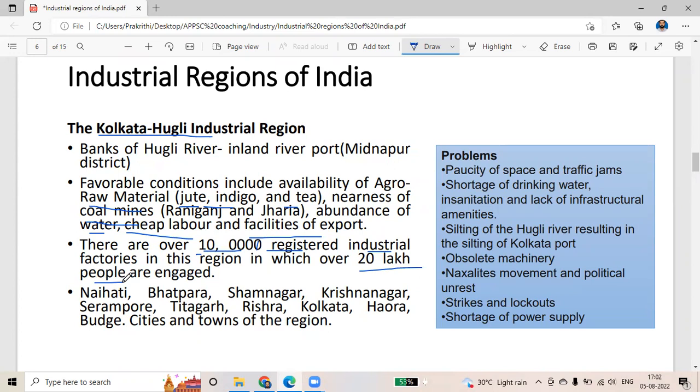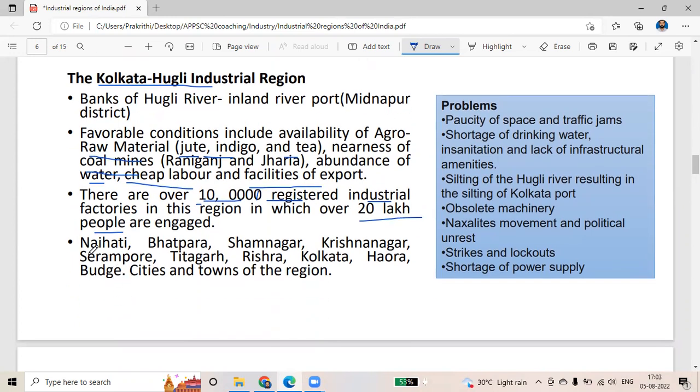Important regions include Naihati, Batpara, Shamnagar, Krishnanagar, Shahrampur, Titagarh, Rishra, Kolkata, Howrah, and Bhuj. So all these regions and cities are in this area.